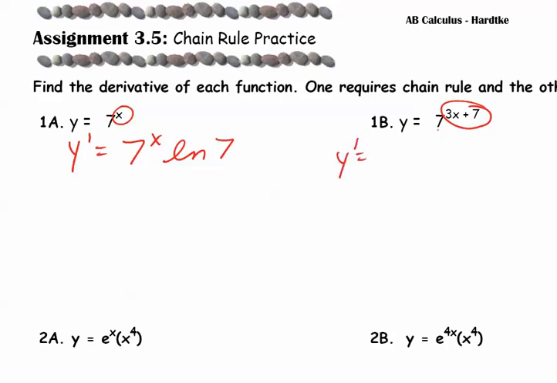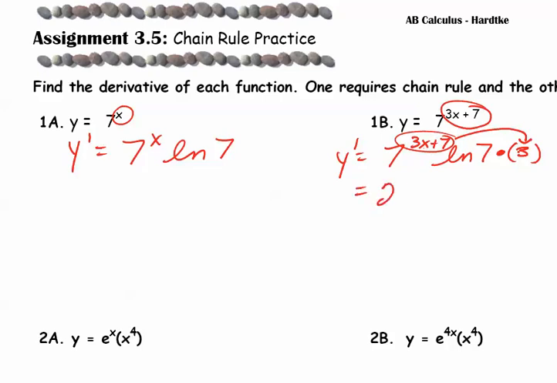So when we do the derivative of 7 to the glob, we would do the same thing we did a minute ago. We would do the 7 to the power times the natural log of 7, but then we have to remember to do the chain rule on that glob. So the chain rule on the 3x plus 7 is just a 3.